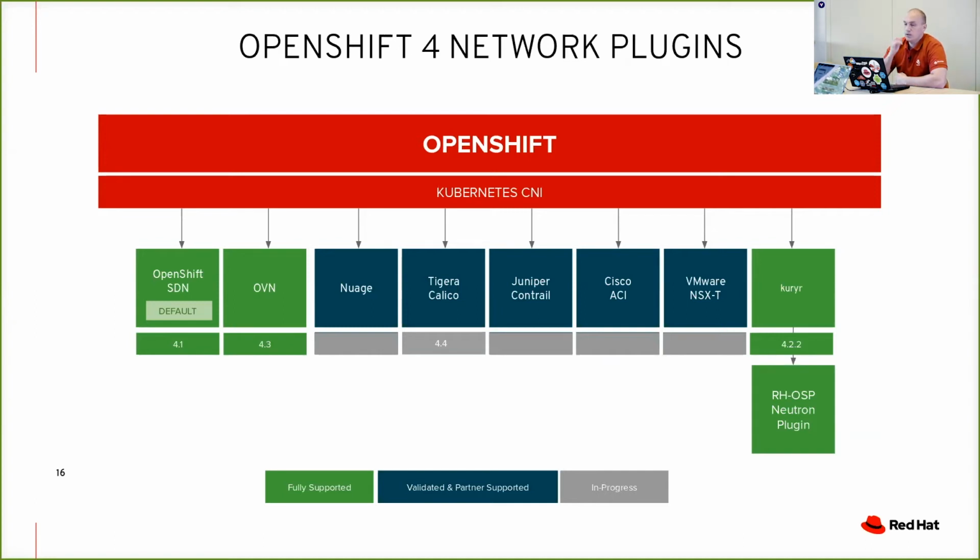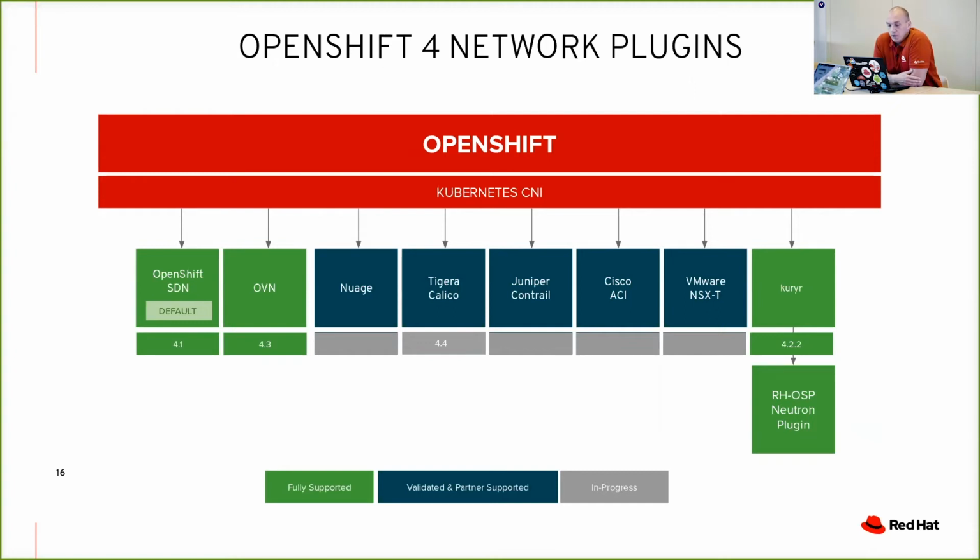So OpenShift provides out of the box the OpenShift SDN CNI plugin. This plugin is based on Open vSwitch technology, so it creates a VXLAN overlay network on top of the physical network that connects the nodes within the cluster.